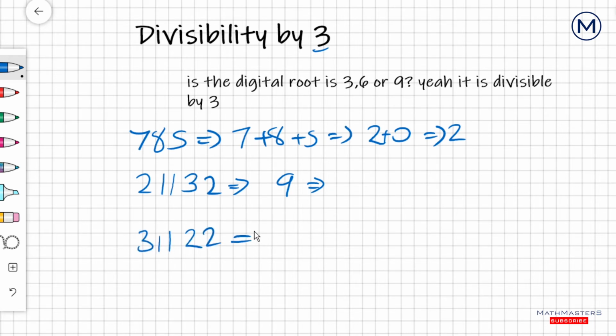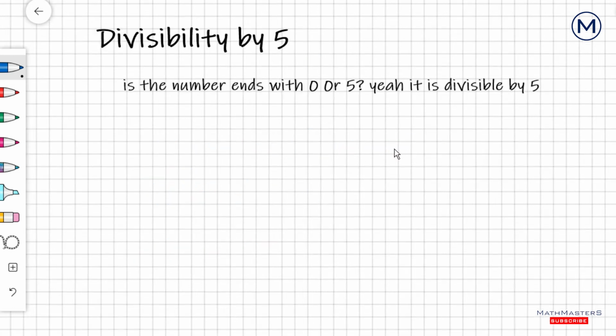Again, this has the same digital root of 9. You might be surprised seeing this. So it is very easy for us to check whether a number is divisible by 3 by checking the digital root of that number. If the digital root is equal to 3, 6 or 9, definitely that number is divisible by 3. This is a very easy step.